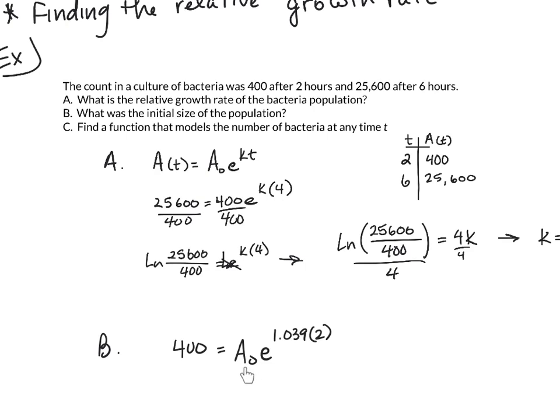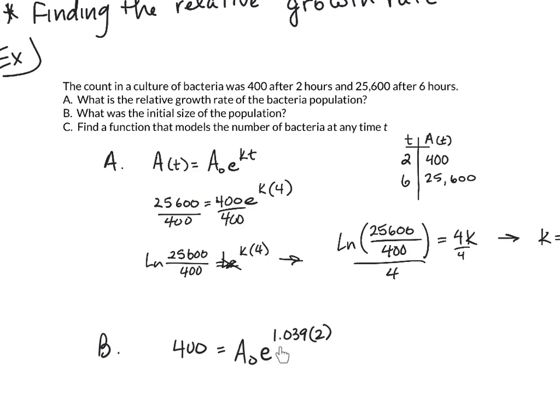And the variable we're solving for is just a coefficient. So this is not an exponential equation. We do not need to use logarithms to solve it because the variable is not in the exponent. It's just one of the coefficients. So all we need to do is figure out this value, e to this exponent, and divide it into 400.